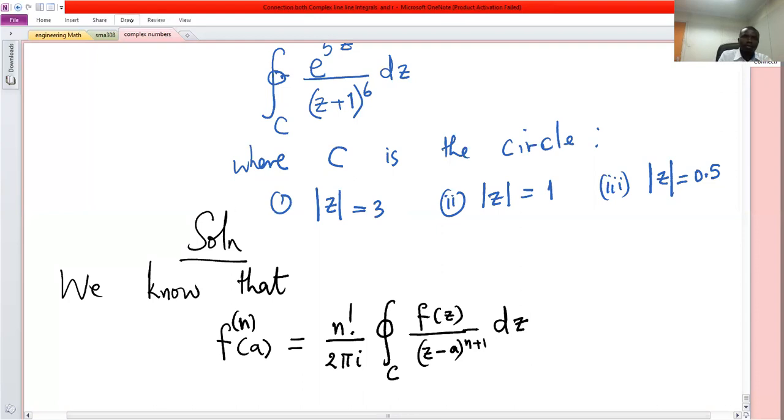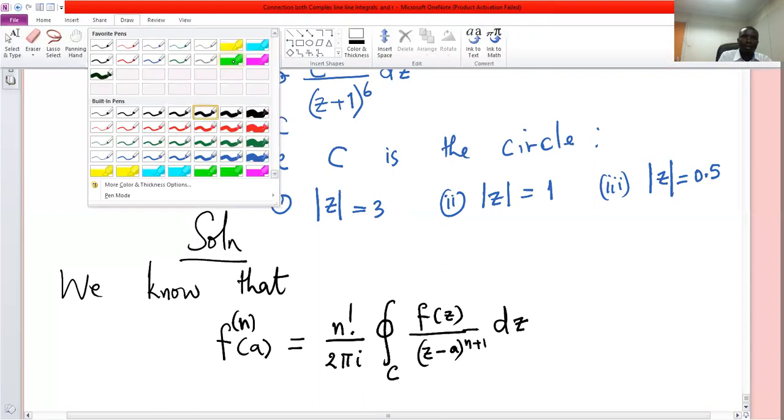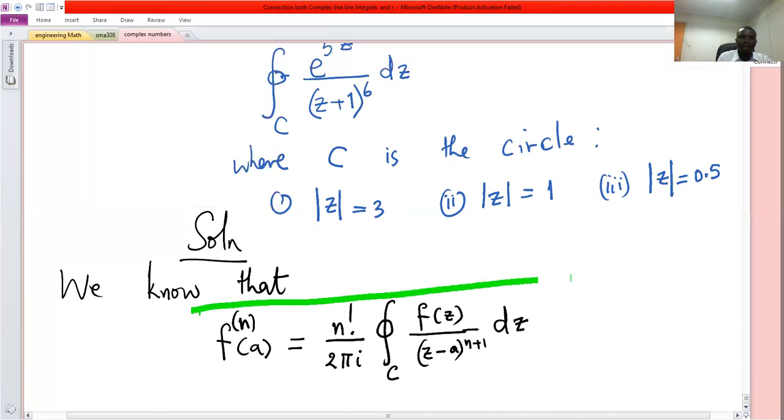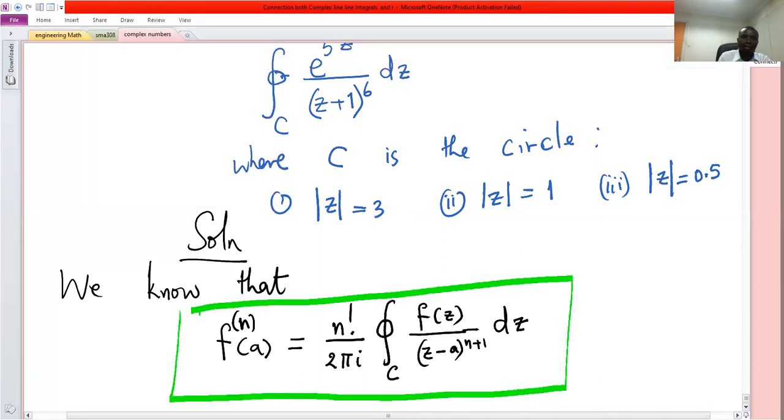So we have to identify our n and identify our a in order to solve the problem at hand.